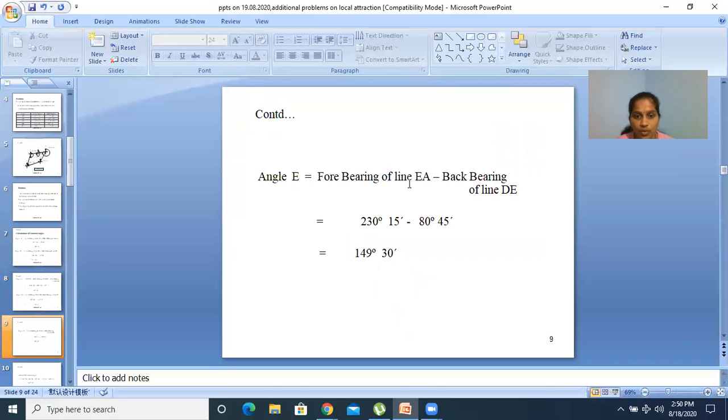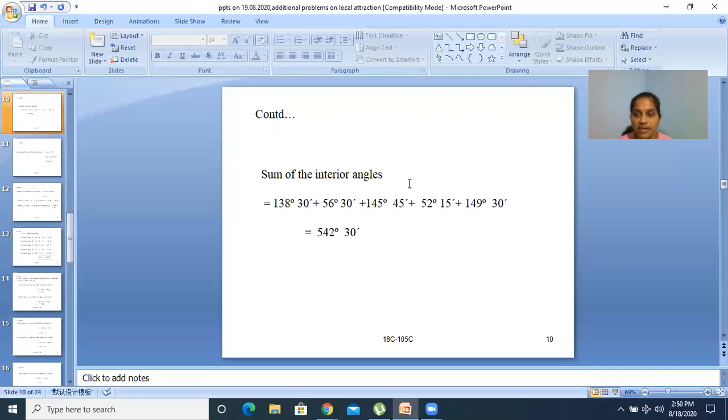Then the sum of all the interior angles is equal to angle A plus angle B plus angle C plus angle D plus angle E, that is 138 degrees 30 minutes plus 56 degrees 30 minutes plus 145 degrees 45 minutes plus 52 degrees 15 minutes plus 149 degrees 30 minutes. So the total is 542 degrees 30 minutes. And then we can apply the check.